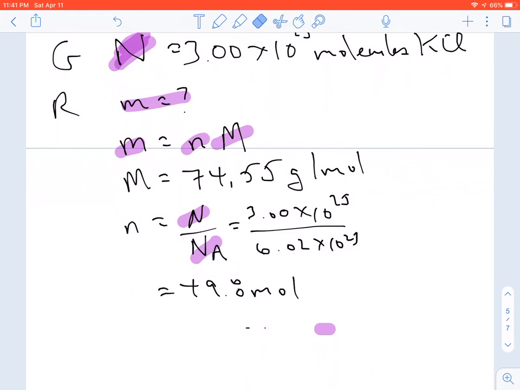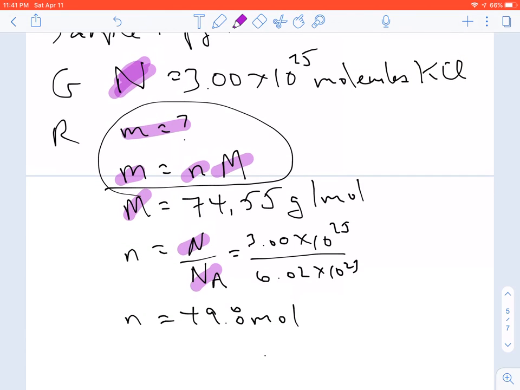Okay, 49.8 moles. Now that I know my 49.8 moles, I know little n, so I can go ahead and solve for my unknown here, little m, because I know little n and I know big M, which was given to me here in the question. So let's go ahead. There's my approach.